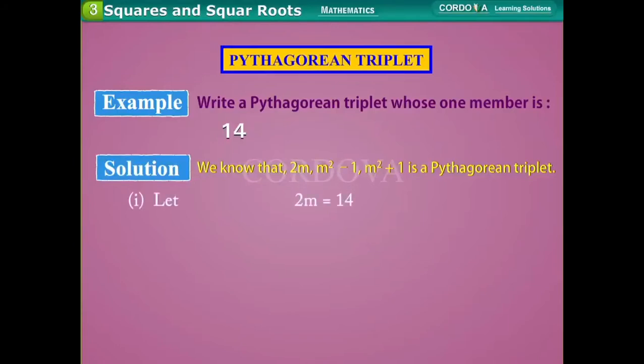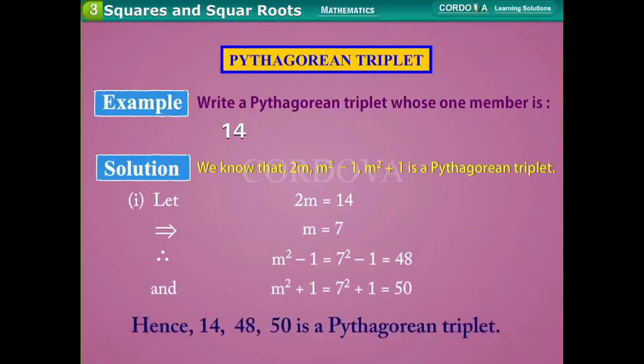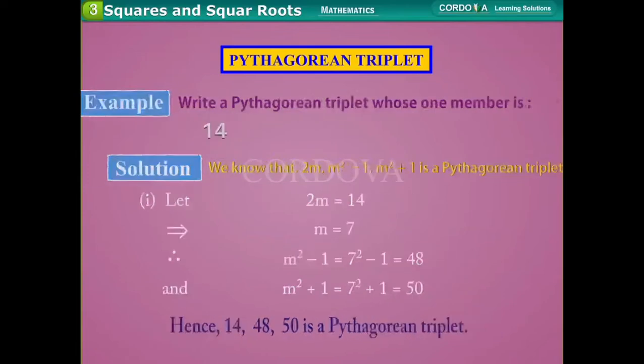Let 2m equal 14. This implies m is equal to 7. Therefore, m square minus 1 is equal to 7 square minus 1, which is equal to 48, and m square plus 1 is equal to 7 square plus 1, which is equal to 50. Hence, 14, 48, 50 is a Pythagorean triplet.